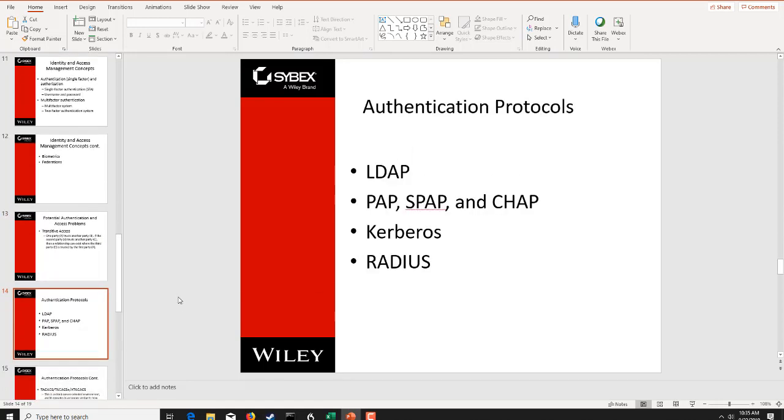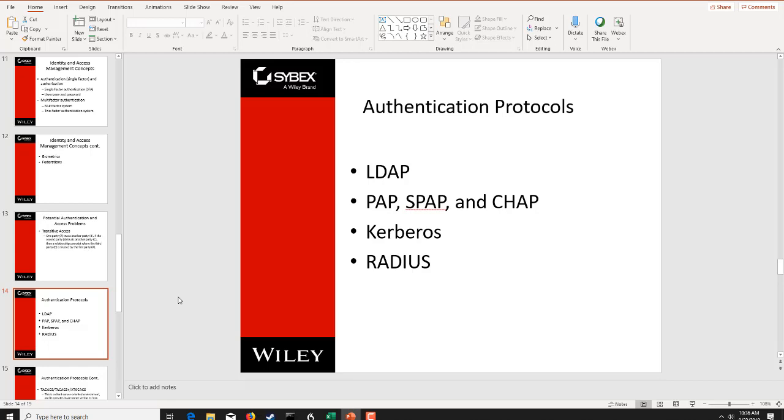Speaking of LDAP, we kind of covered that. Also, there are older types of protocols that can be used for authentication. CHAP is used more so than PAP and SPAP. Kerberos is used extensively in domain federations, especially Active Directory.